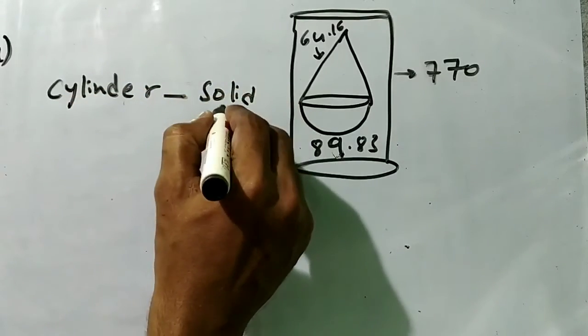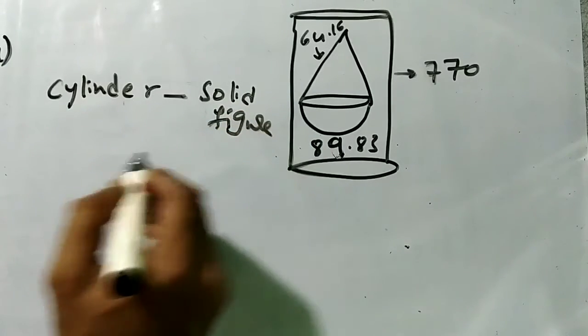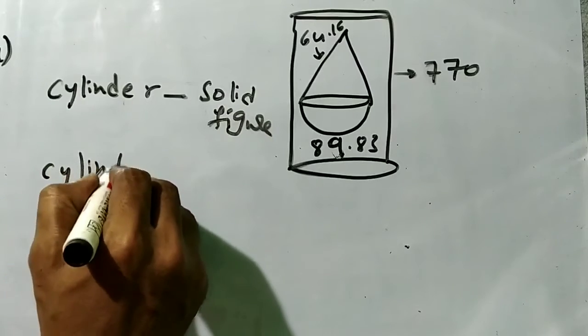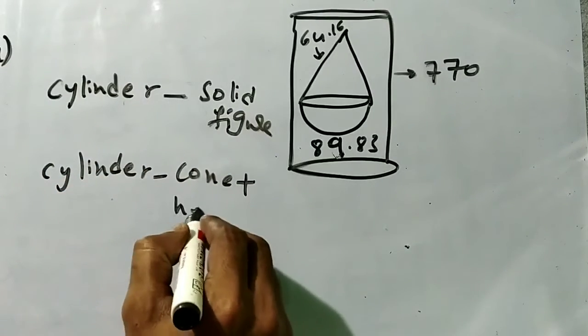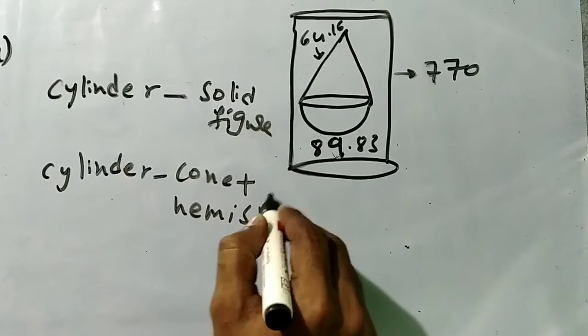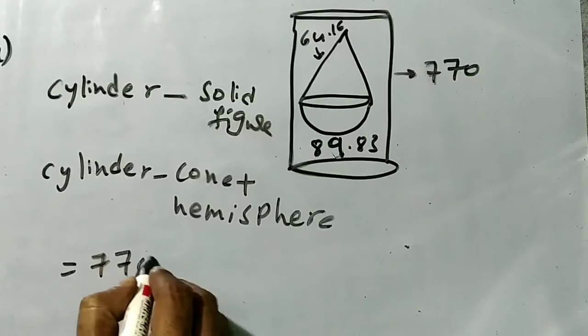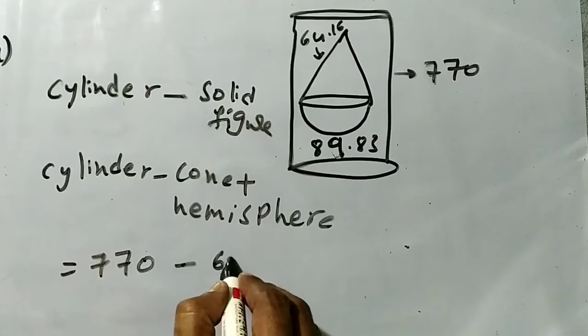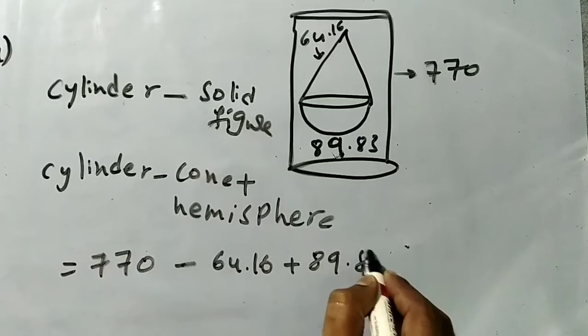So what is the solid figure? The solid figure is a combination of cone and hemisphere. So here that is cylinder minus cone plus hemisphere. So here that is 770 minus 64.16 plus 89.83.